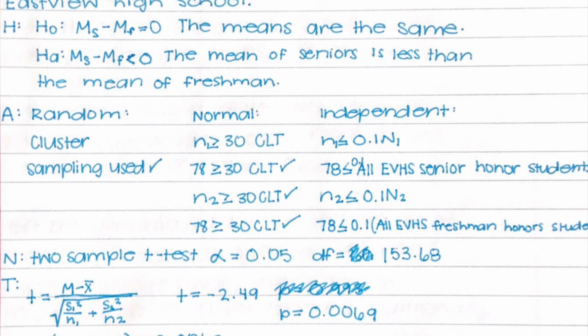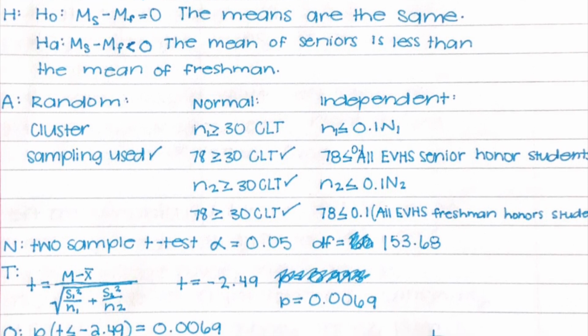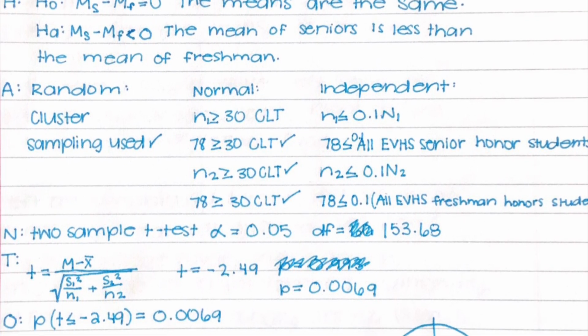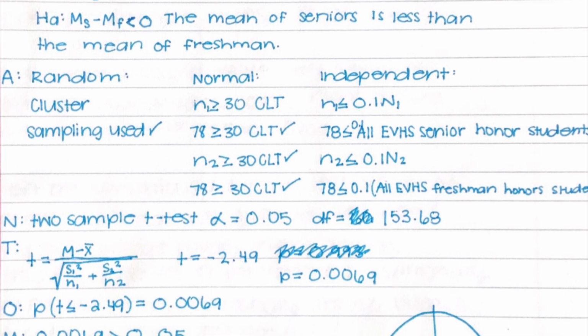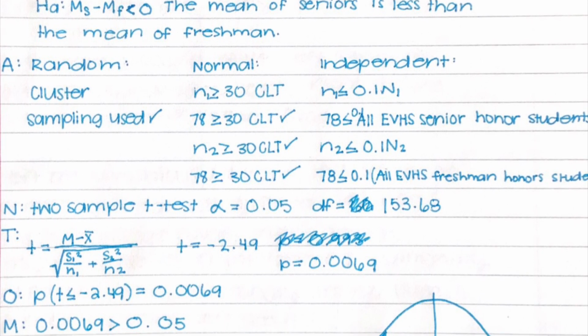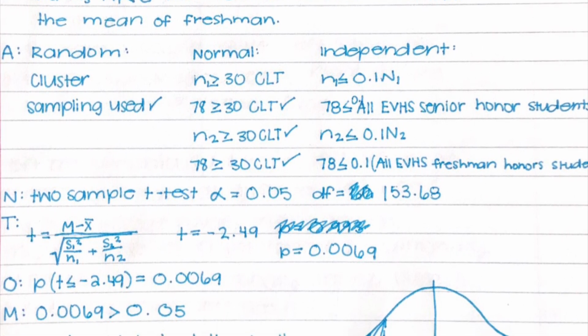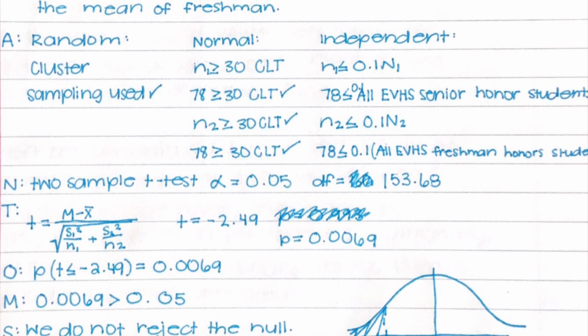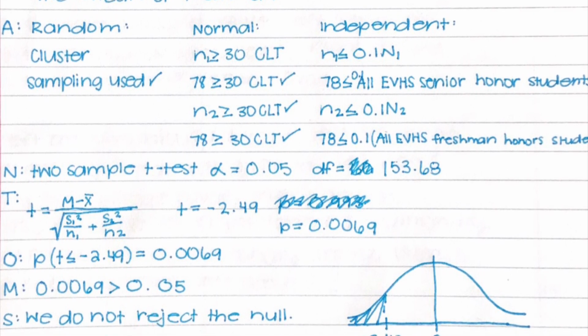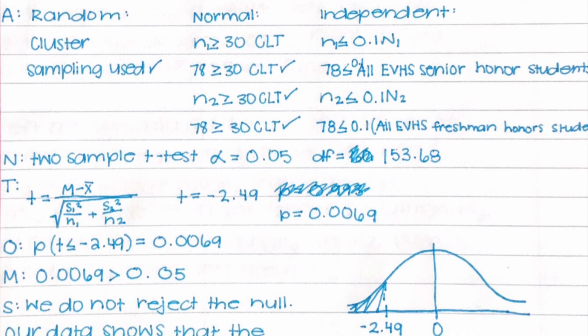So you can see below that all of the conditions were met: random, normal, and independent. Then we had the two-sample t-test with a significance level of 0.05 and degrees of freedom of 153.68.